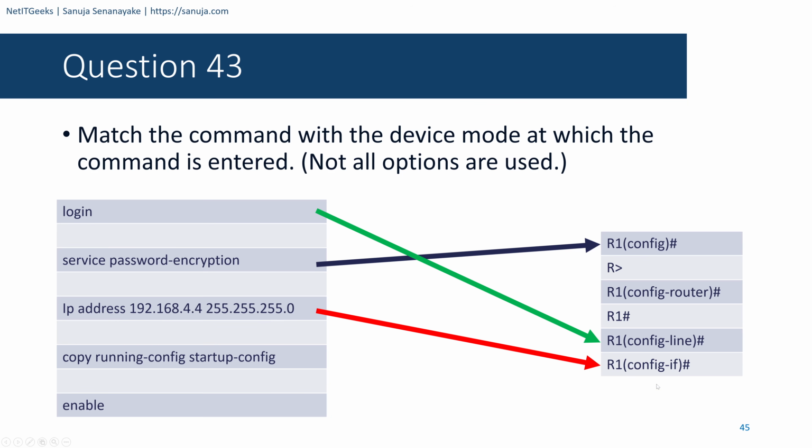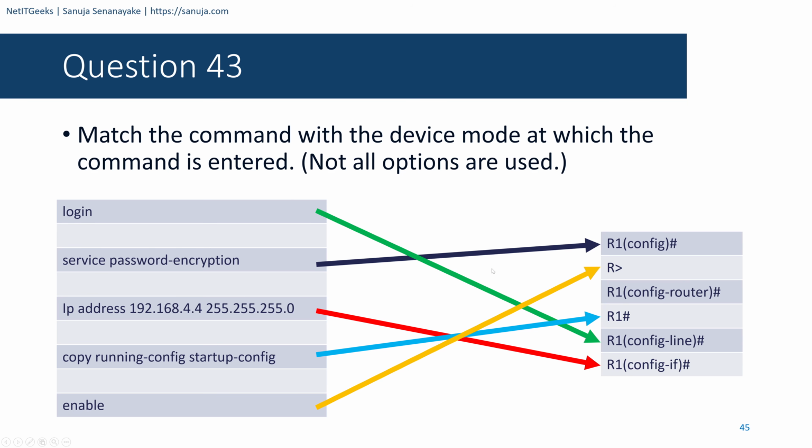IP address will go with config-if. Copy running-config startup-config, which is saving your configurations, goes with the privileged EXEC mode, the hash pound prompt. And then enable goes with user EXEC mode, just going into the router. As soon as you boot up the router, enable is how you go in, right? So these are the answers.